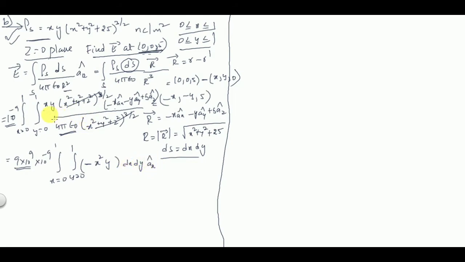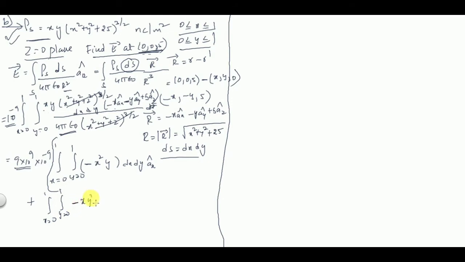I am separating this: here you will have dx into dy also, dx into dy into ax cap, plus this minus y into xy.